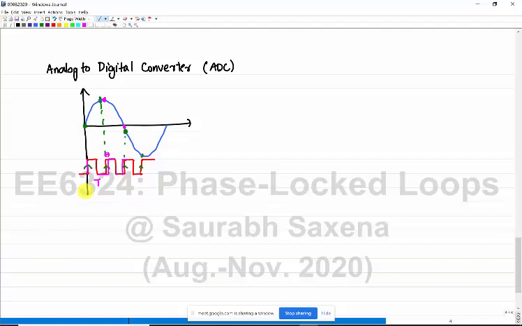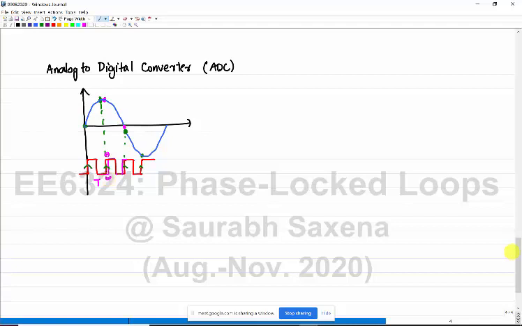Nowadays, when you want to digitize a large signal bandwidth, you need a really high frequency clock and very little deviation in the clock time. So this is something which you need in an analog to digital converter.